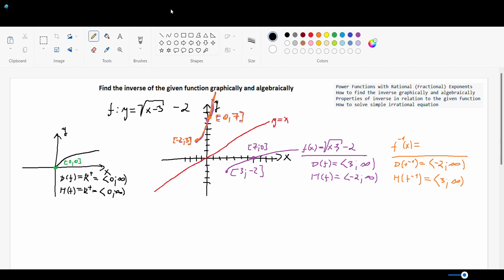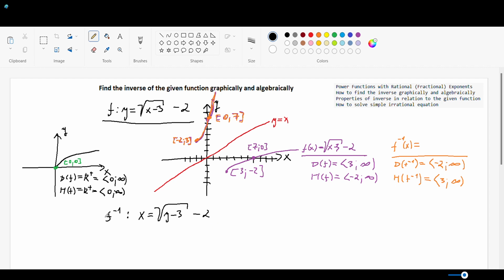Okay, so we said that if we want to find the inverse algebraically, the first step is to switch or swap x and y. So we know that our equation for the inverse should look like x equals square root of y take away 3 minus 2.